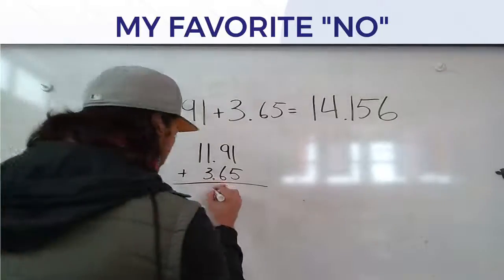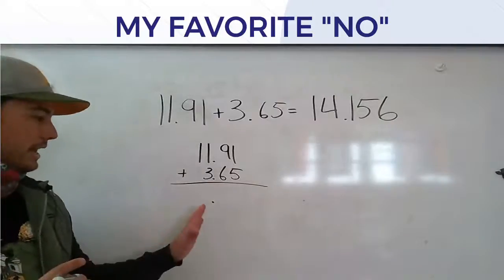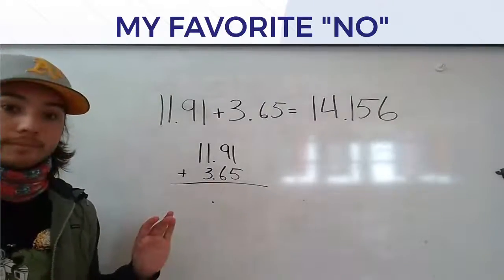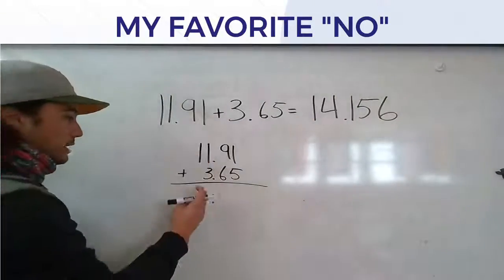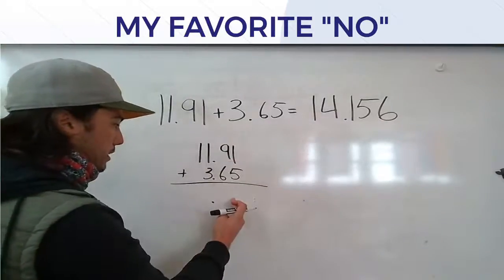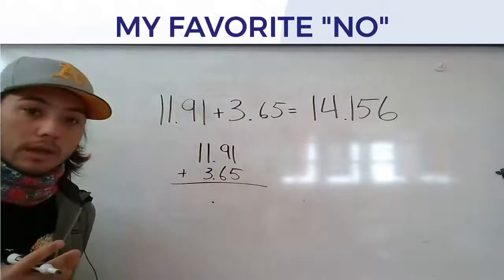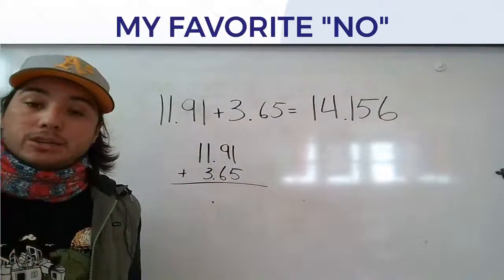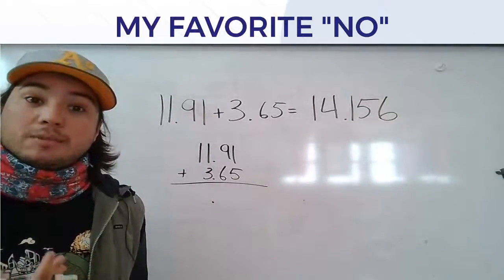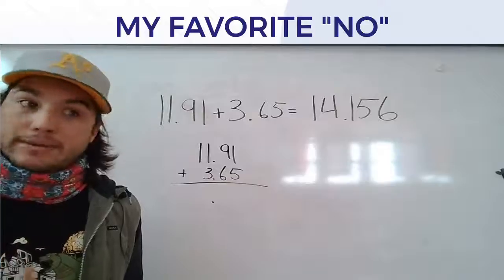Our decimal point in our answer is also going to stay in that same spot. So our tenths are always going to be here, our hundredths are always going to be here, our ones are going to be here, tens, and so on. That is the advantage of vertical form. It keeps everything lined up, so as a mathematician, you're able to be a little bit more accurate and organized.